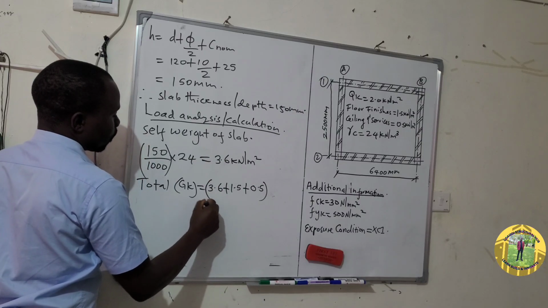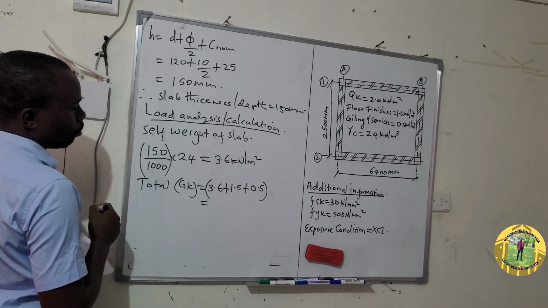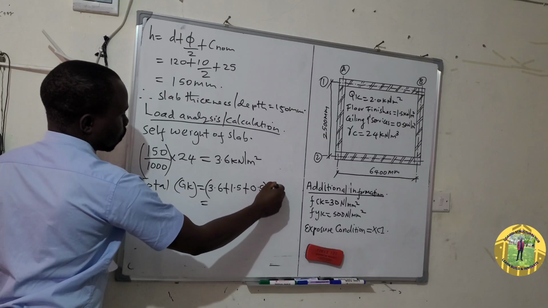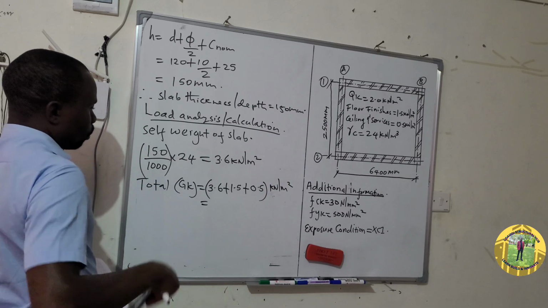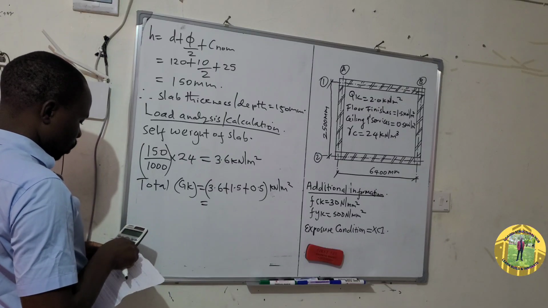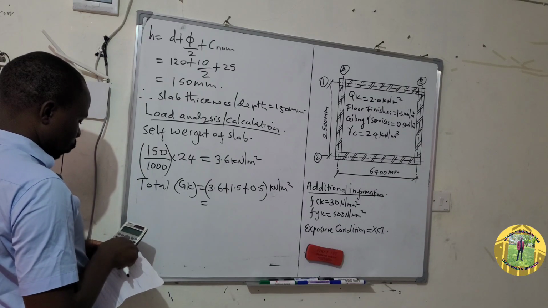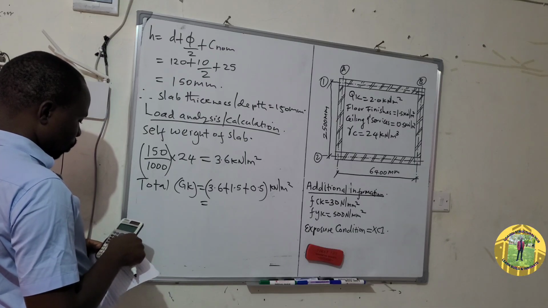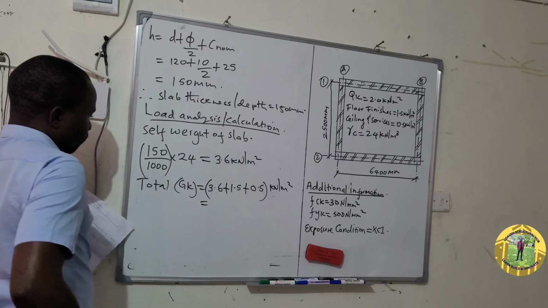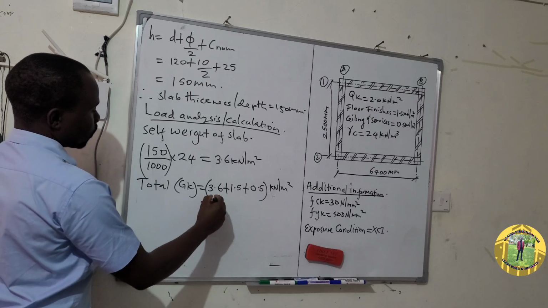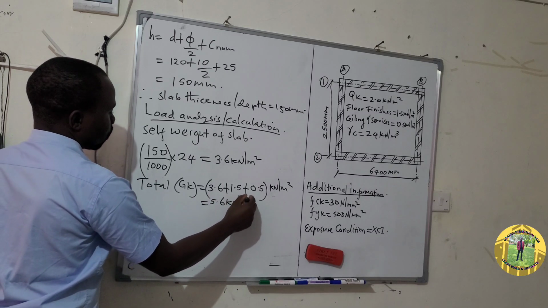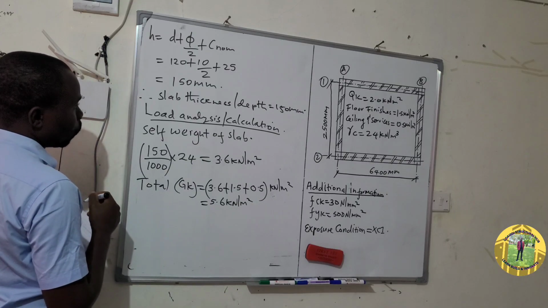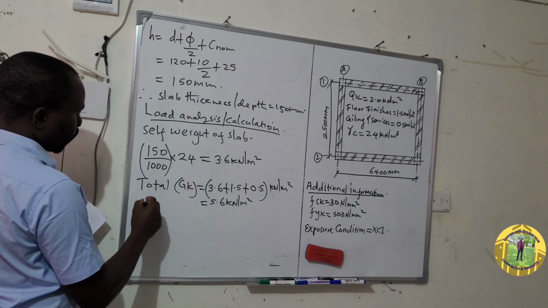And remember, it is in kilonewton per meter square. So 3.6 plus 1.5 plus 0.5. So this is 5.6 kilonewton per meter square.